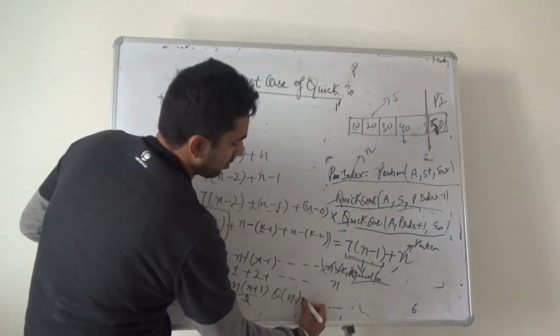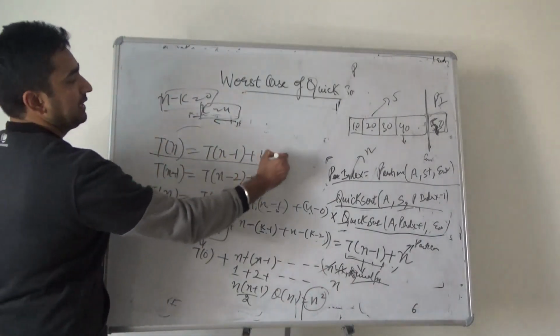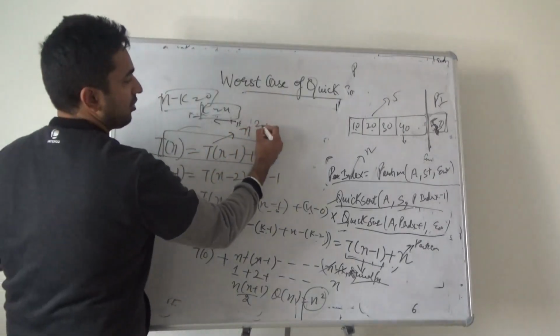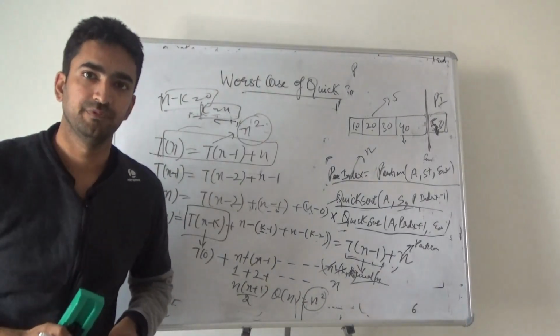So this would be theta of n square, order of n square. Guys, we have already discussed the master's theorem for this. Even this will give you theta of n square, which is the worst case time complexity of QuickSort.